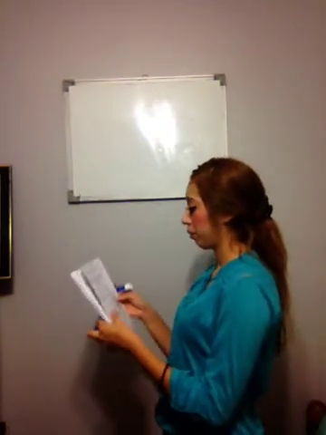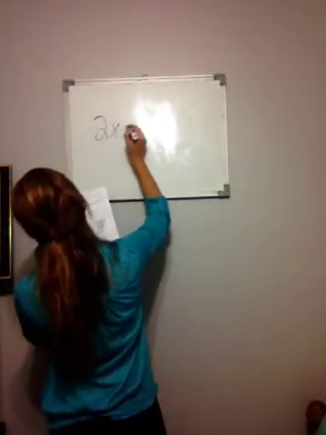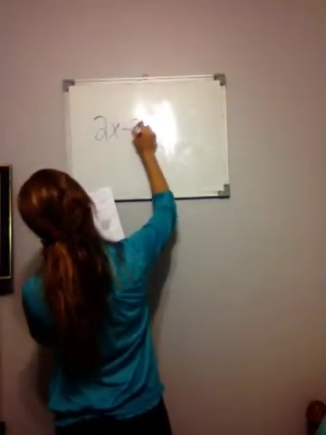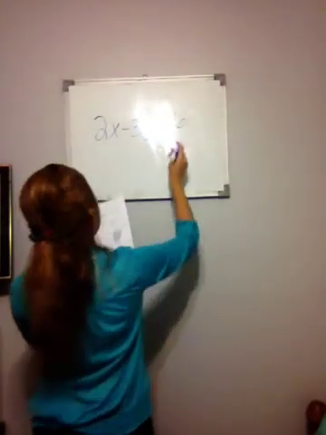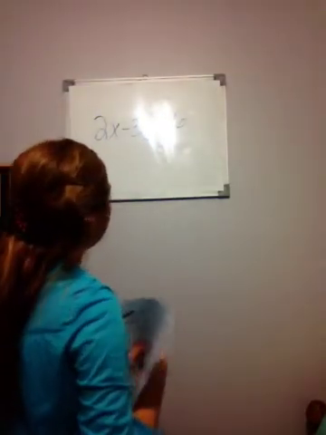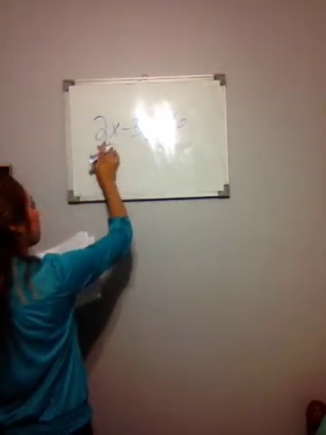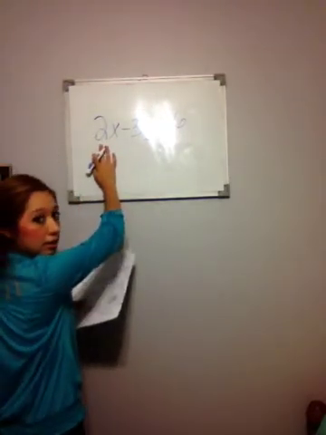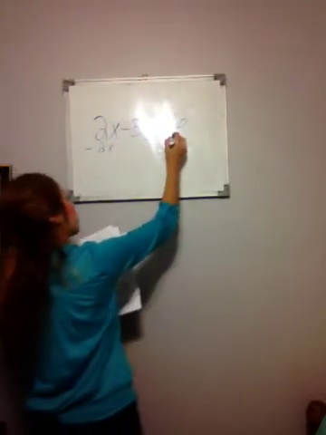So for example, if you have this equation, 2x minus 3y is greater than 6, you have to solve for y. So what you must do first is, that's correct, you subtract 2x from both sides.